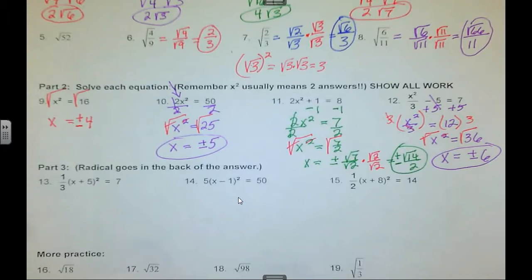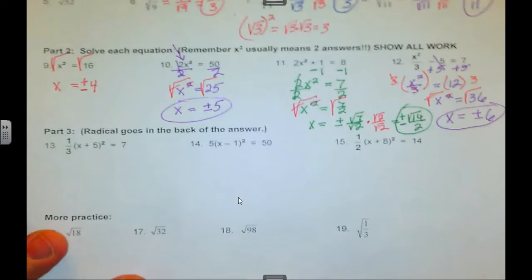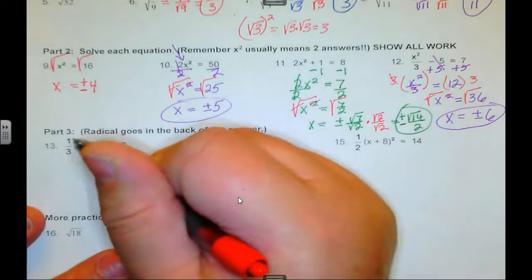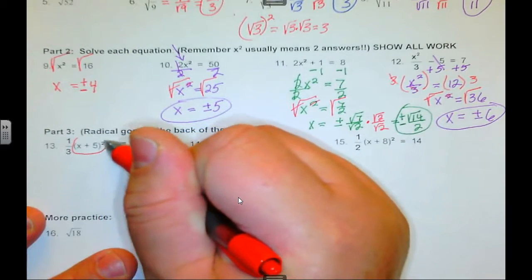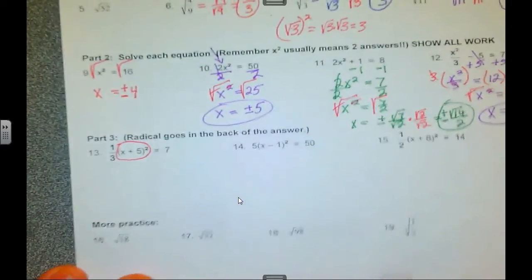Now it's going to get a little harder. Part 3. This time I have to get the quantity x plus 5 squared by itself.